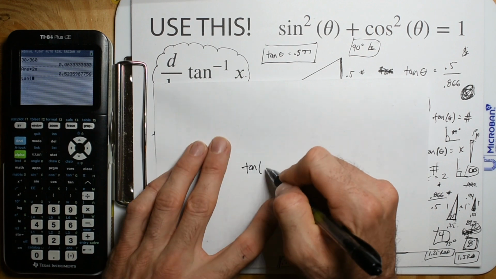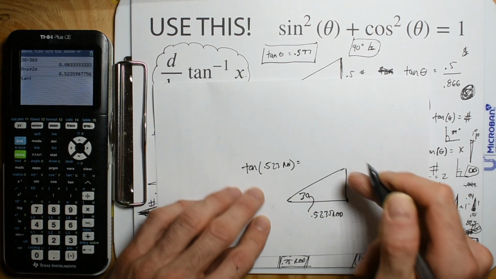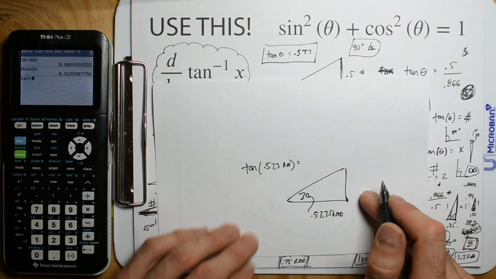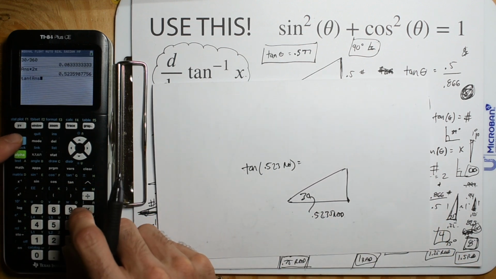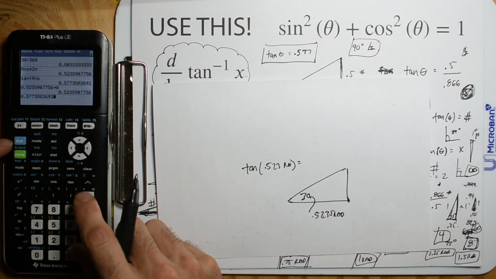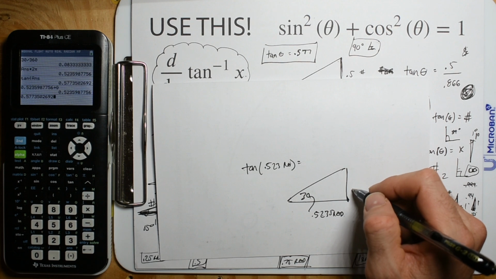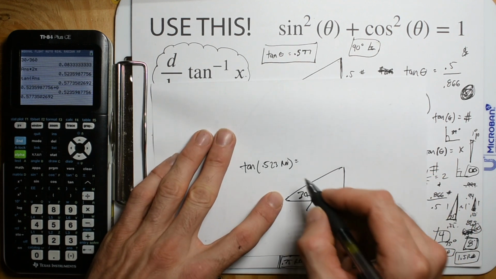You would take the tangent of that angle, 0.523 radians, and that would give you this ratio. I'm going to store that angle, and you get that ratio of 0.577.